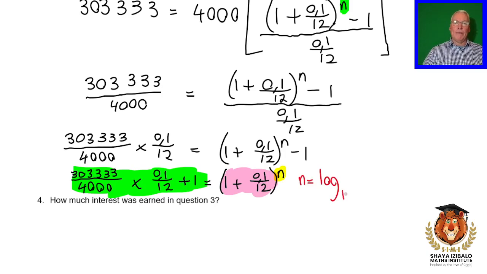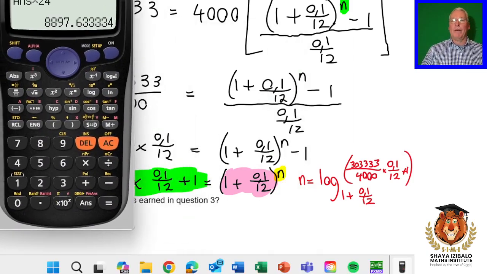There's the base, 1 plus 0.1 over 12, of all this stuff. When I say all this stuff, we're talking 303,333 over 4,000 times 0.1 over 12 plus 1. Okay, let's put all that into our calculator and see what happens.